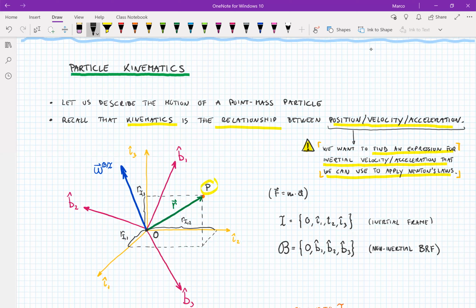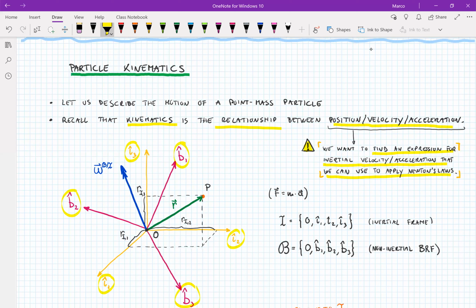Okay, so you see over here, I drew the two frames of reference that we are usually referring to, the inertial frame of reference with its orange versors, then we have the body frame of reference with the purple ones.